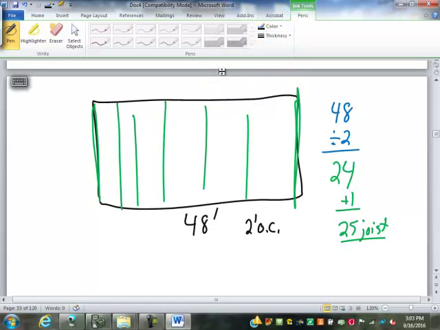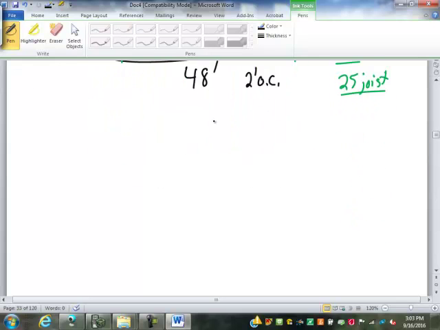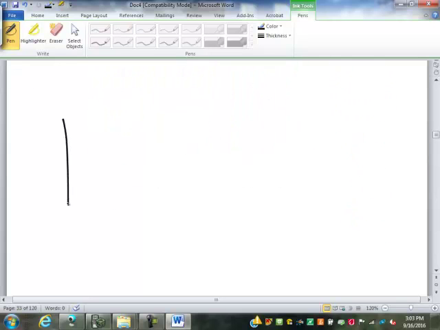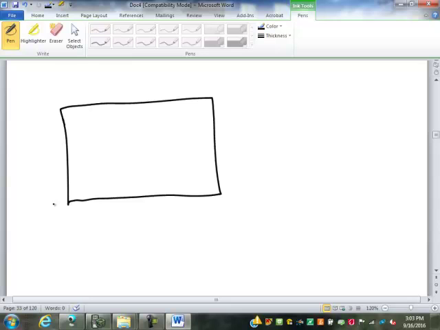Now there are cases where I don't want joists at the end. In Minnesota and in some other areas, building code does not allow for a floor truss or floor joist at the end of the building. What they require you to do, it's a term you probably haven't heard yet, is something called balloon frame.